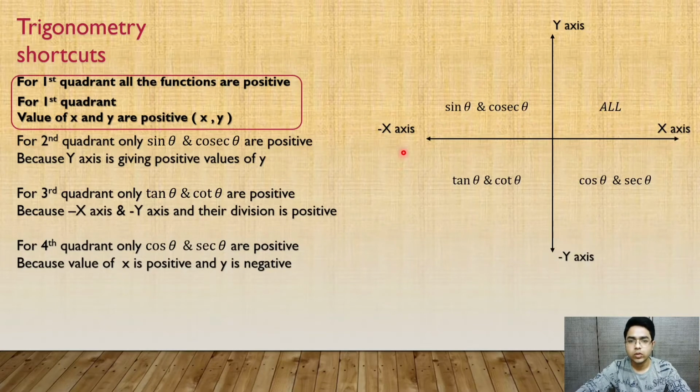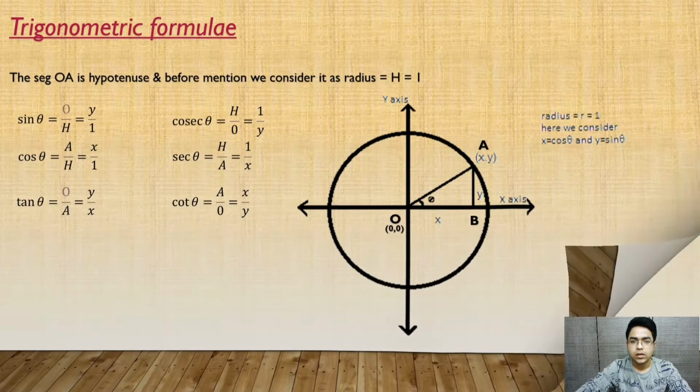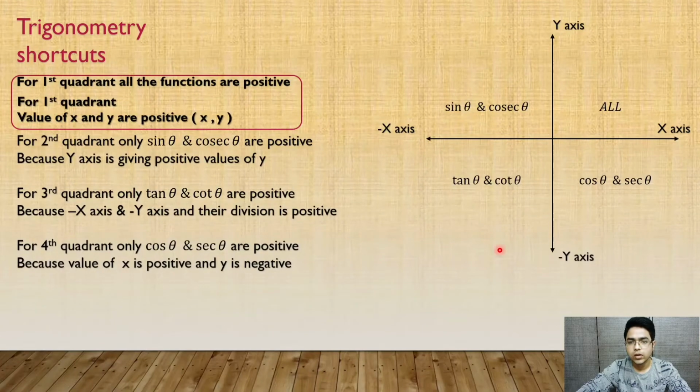Now turning to the third quadrant, here x is negative and y is negative. In the third quadrant sine theta and cos theta both will be negative, as sine theta is minus y and cos theta is minus x.